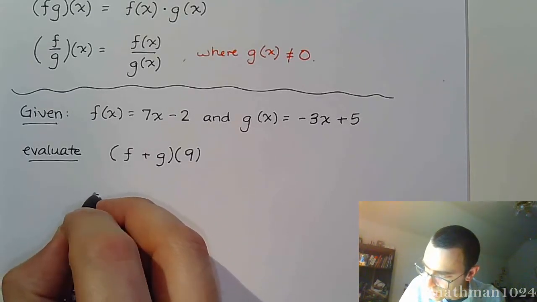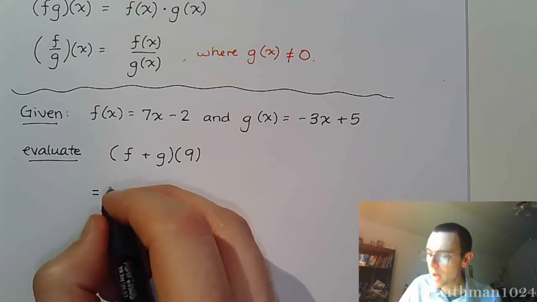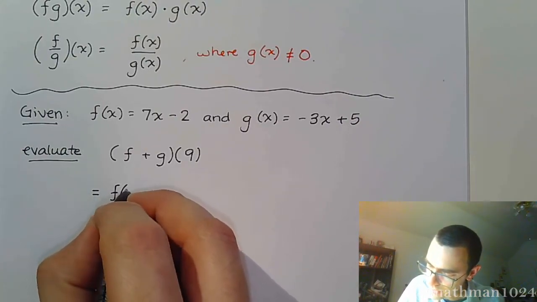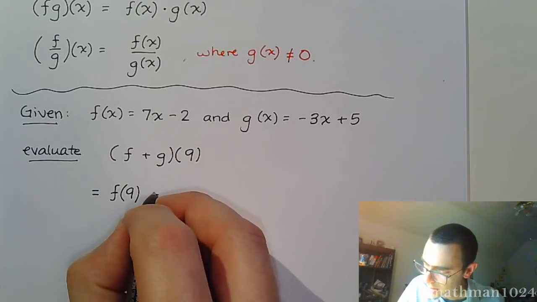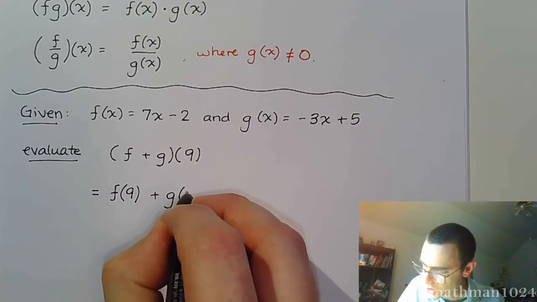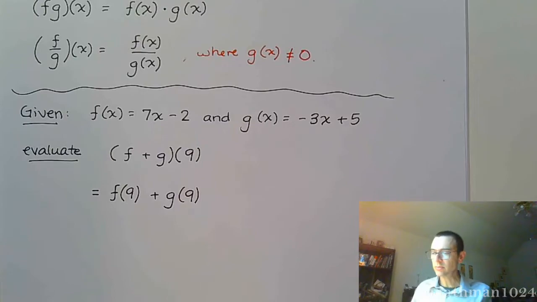So the first thing you need to do when you see a problem like this is to rewrite it and say that this is f(9) plus g(9). Do that and understand that you have two separate problems now that you're dealing with.